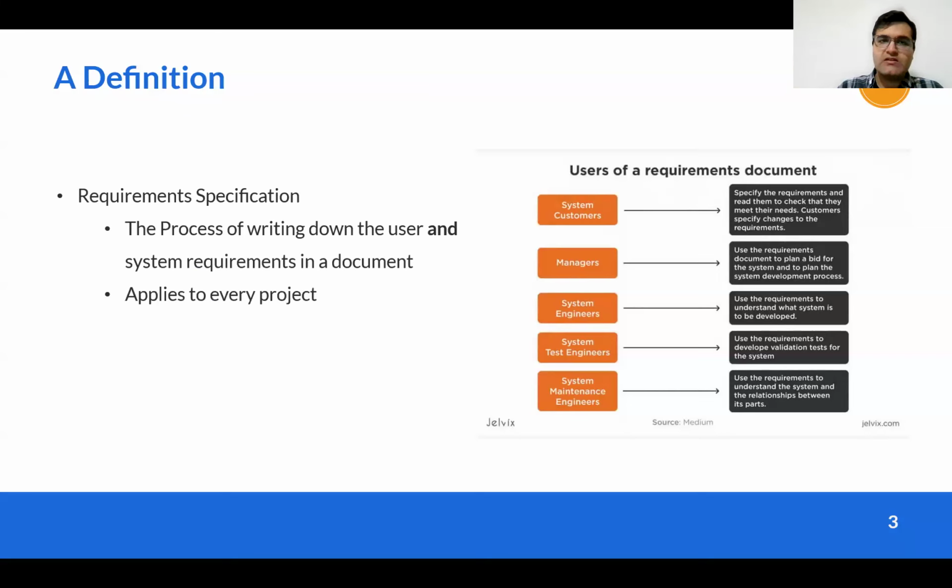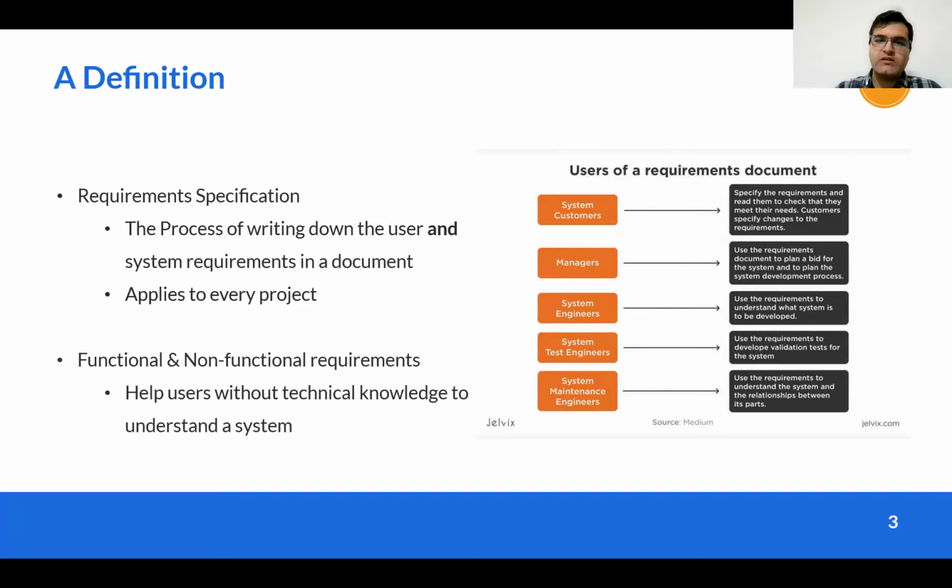Like I just explained, this will apply to every project you work on: web development, system development, network development. In the requirements specification, you have two types of requirements: the functional requirements and the non-functional requirements.